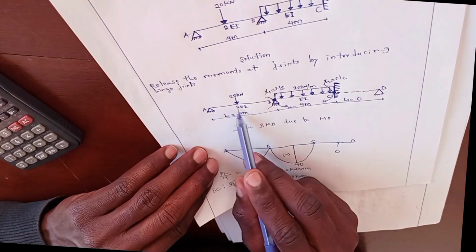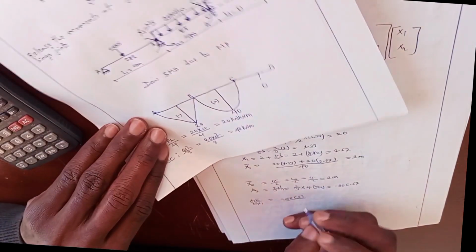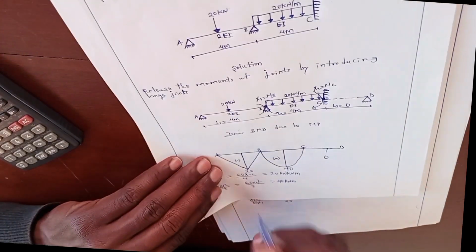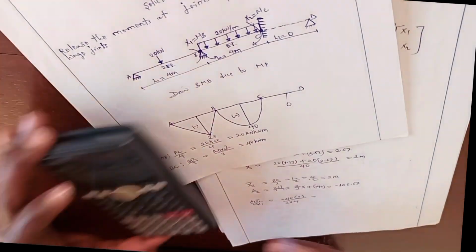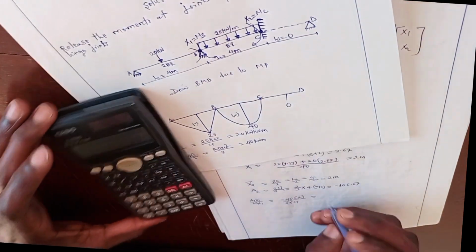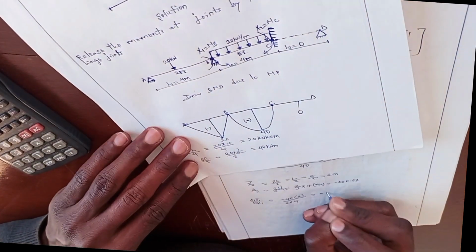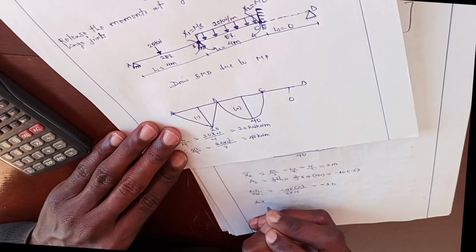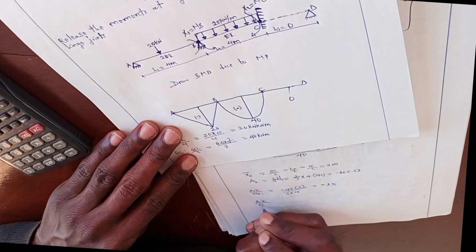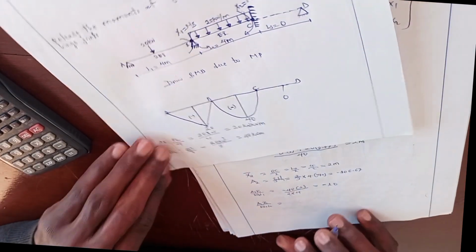EI1 is the stiffness for member AB, which is 2, times L1, which is 4 meters. It will be equal to negative 10.